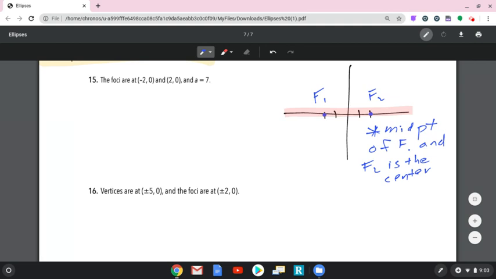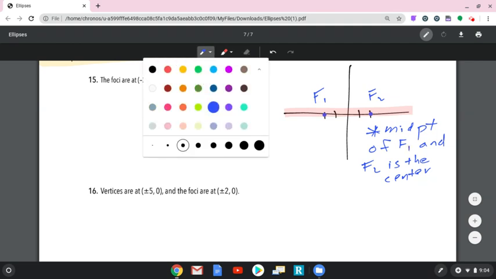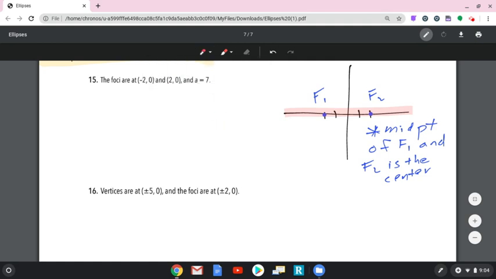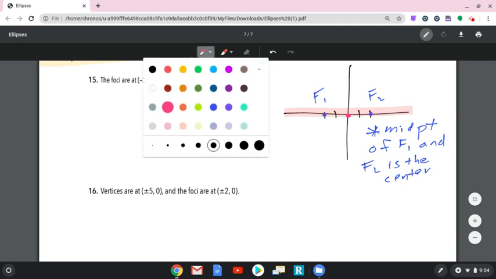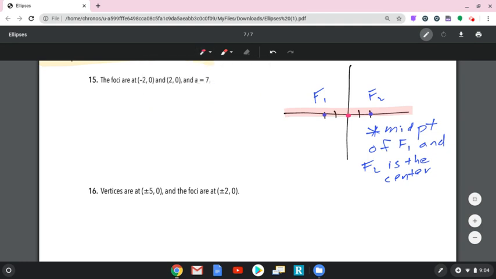So make sure you're aware of that. So if you take a look at this, right there between -2, 0 and 2, 0, we have a midpoint of 0, 0. That would again be my center. So now I know my center is 0, 0.